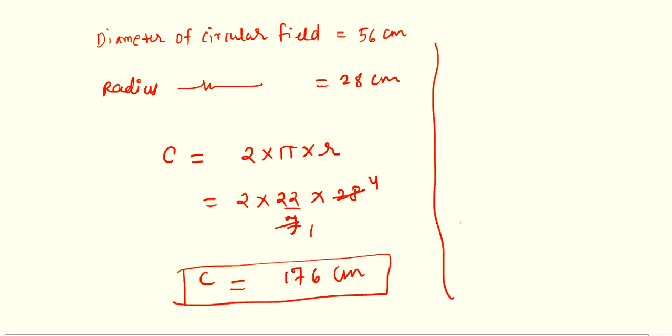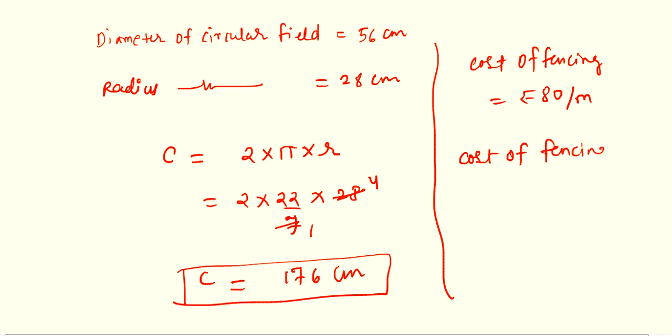Now the cost of fencing is what we have to find. The cost is given as rupees 80 per meter. So simply, cost of fencing equals circumference, which is 176, into cost per meter, which is 80.